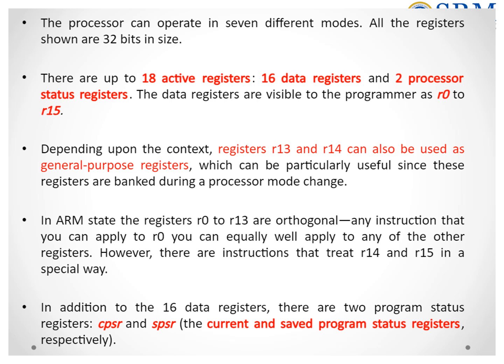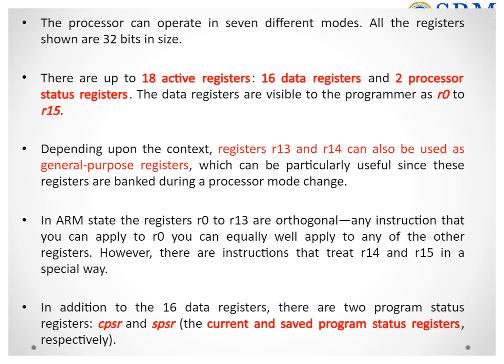So there are up to 18 active registers: 16 data registers and 2 processor status registers. The data registers are visible to the programmer, R0 to R14. Depending upon the situation, registers 13 and 14 can also be used as general purpose registers. In ARM state, R0 to R13 are orthogonal: any instruction you can apply to one, you can equally well apply to any other register.